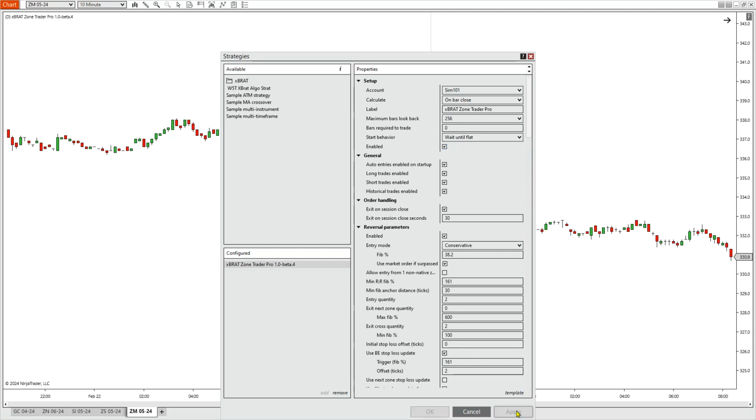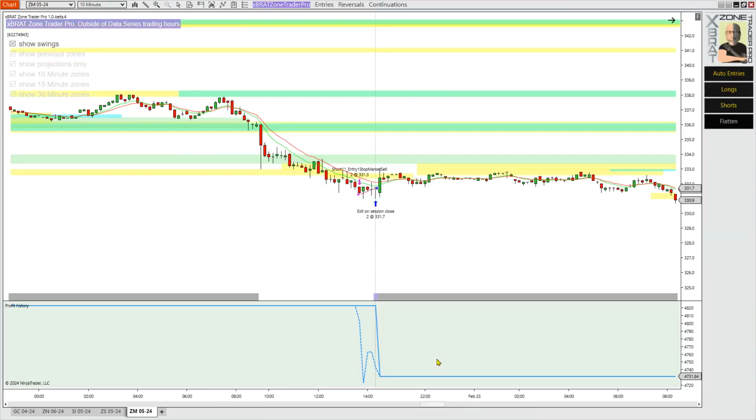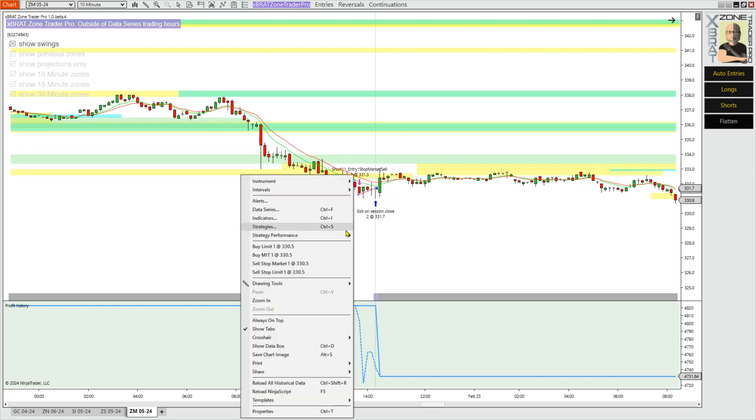So we just have to accept. And just, in fact, let me just, because it's very important to understand when this trade entered, because the other one was very close as well.